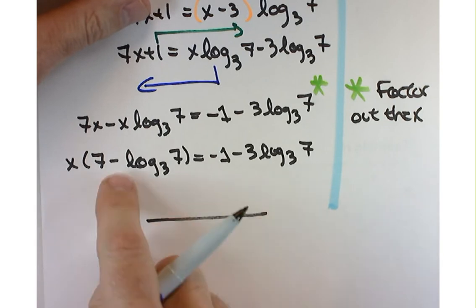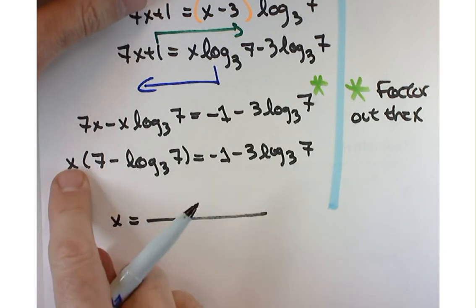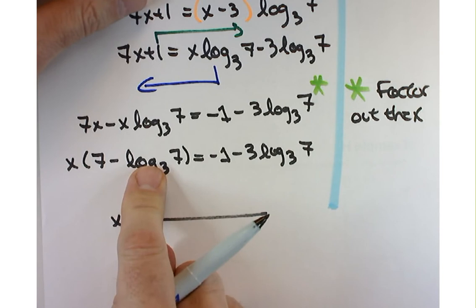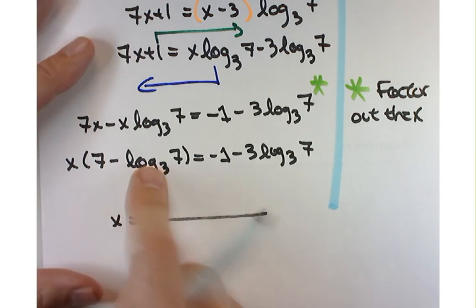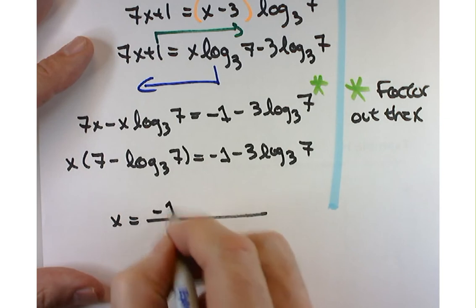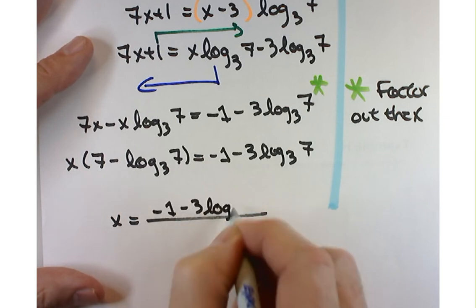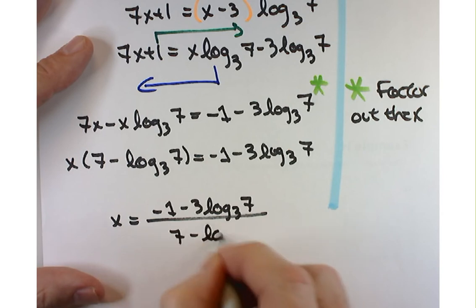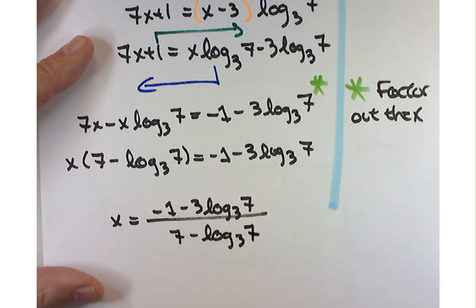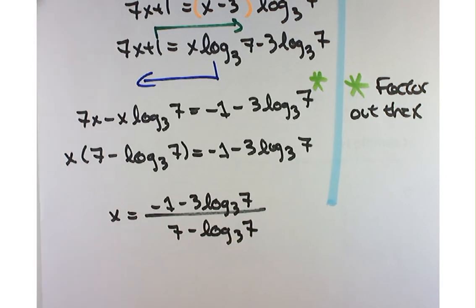And last but not least, if x is being multiplied by something, what's the opposite of multiplying? Dividing. So you're going to get negative 1 minus 3 log base 3 of 7 divided by 7 minus log base 3 of 7. That is your answer.